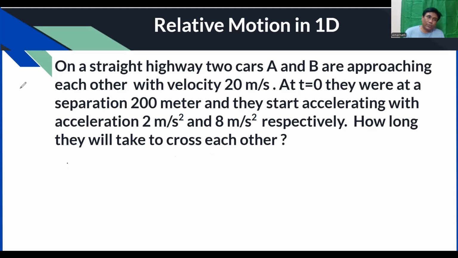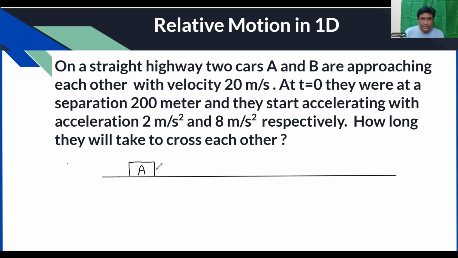Okay, so let us try it. Here this is car number A, which is going with velocity 20 meter per second. And this is car number B, but remember this is also coming from the left side, 20 meter per second.